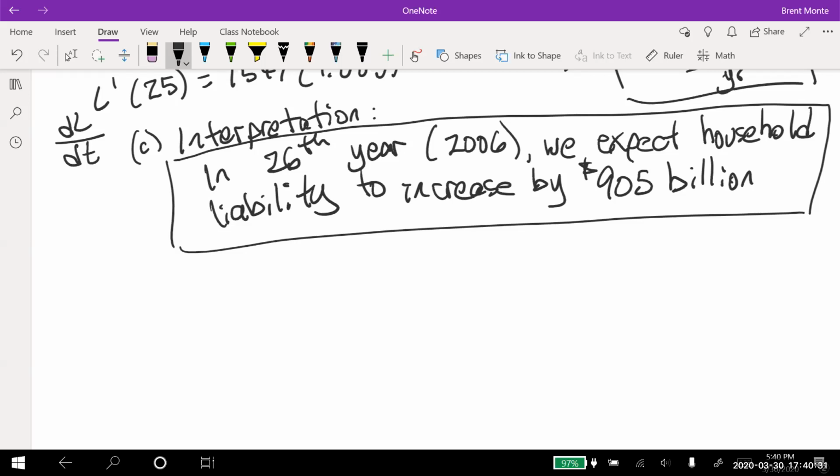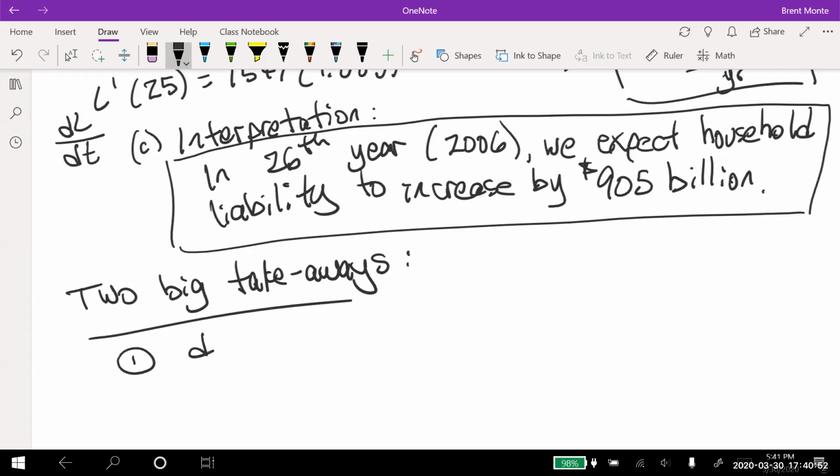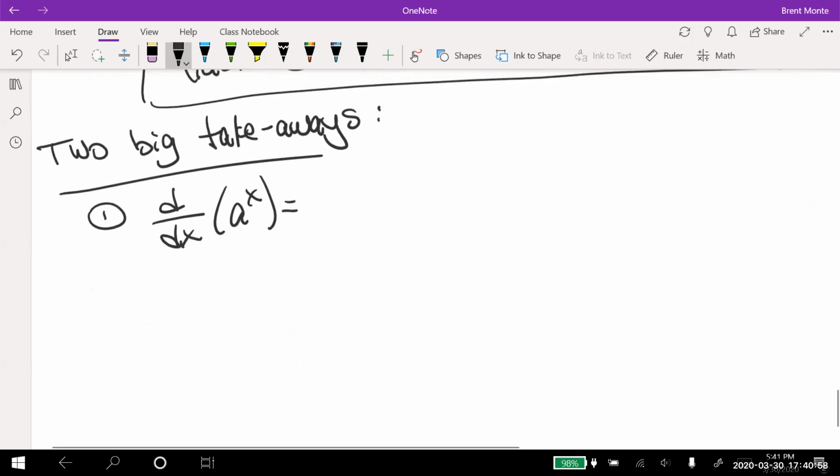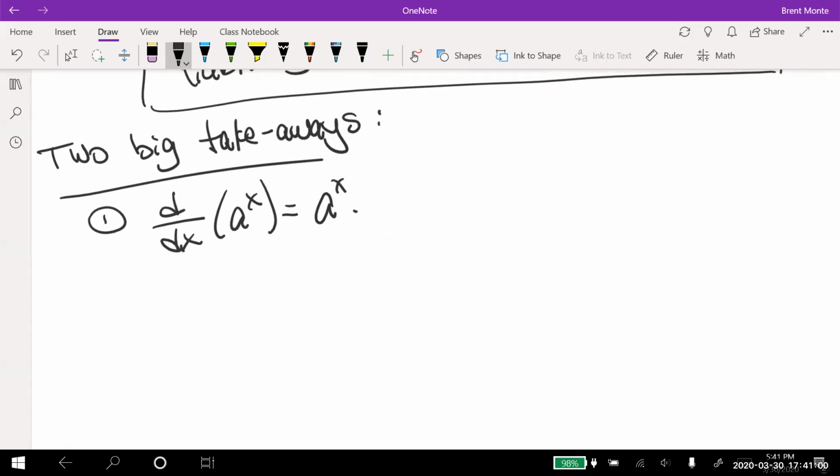All right. So that's all the material. I gave you a bunch of examples. Hopefully that helps out. Remember the 2 big takeaways. Let's list that. One is the derivative of a to the x is a to the x times the ln of a.